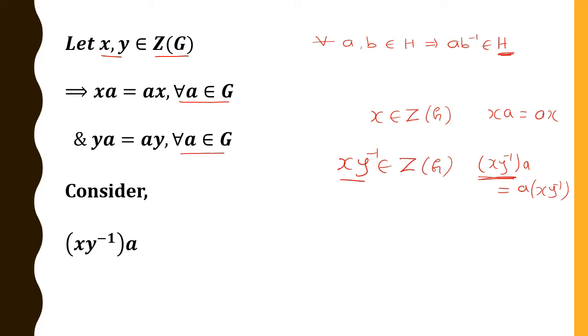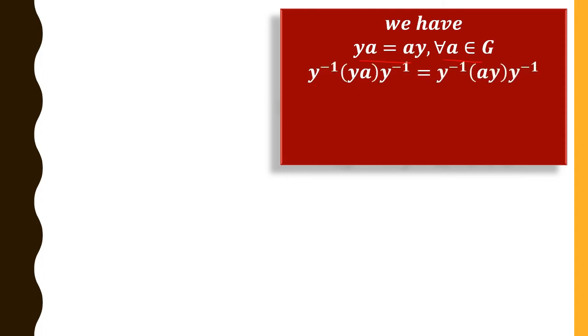Okay, consider XY inverse of A. Now using associative law, this can be written as X of Y inverse A. Now we have YA is equal to AY for all A belongs to G. Now multiply on left as well as right by Y inverse on both sides. So what we get? Y inverse of YA into Y inverse is equal to Y inverse of AY into Y inverse.